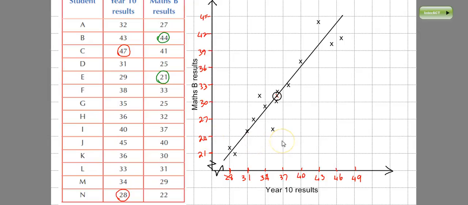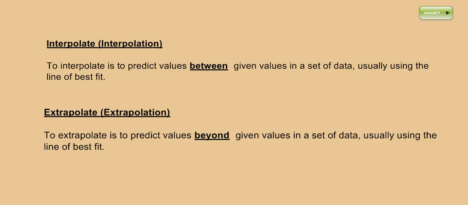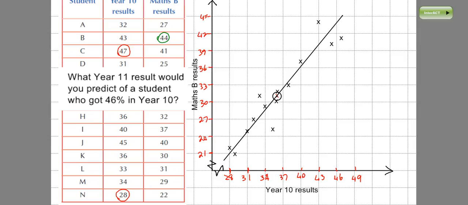Now, it's an approximation. Our line of best fit is an approximation, but it's a good approximation. The strength of the correlation is strong, so we would expect it to be quite accurate. Oh, and extrapolate means predict beyond the given values. So this is where I didn't prepare very well.